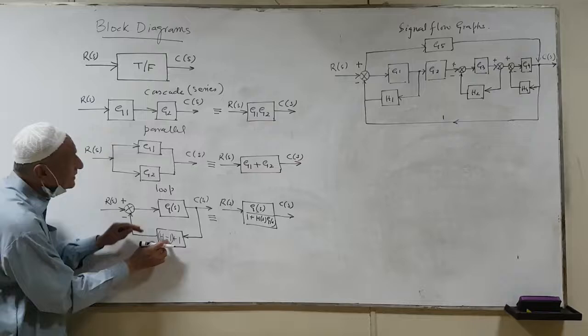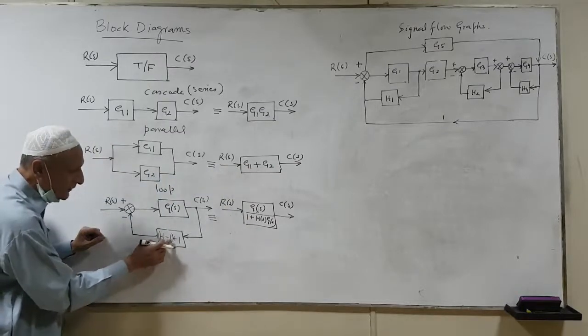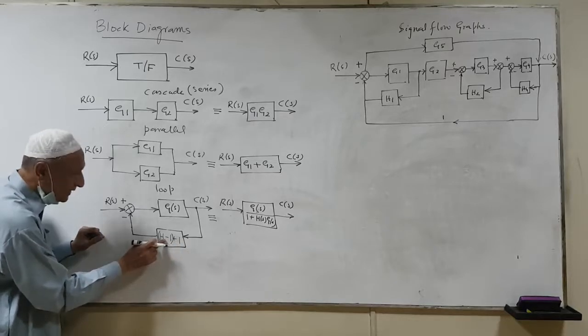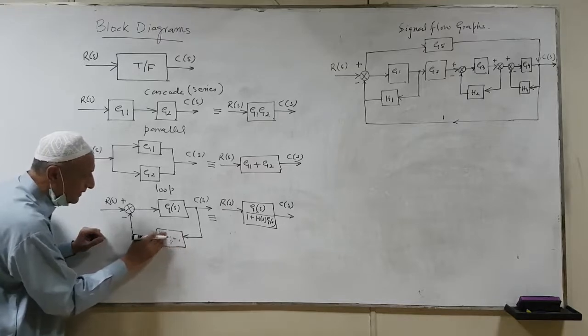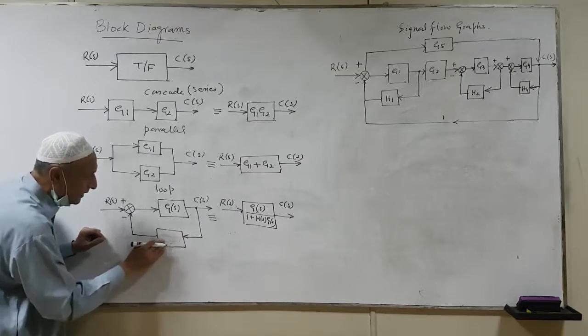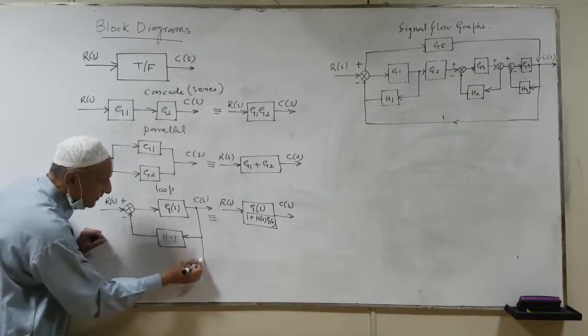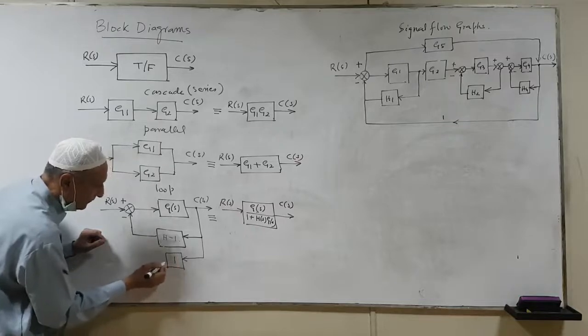Now, it looks like they are supposed to be in parallel. This particular configuration says that this entire block consists of two functions, H minus 1 and 1, and they are in parallel. So what we do is we simply go for this one, H minus 1, and then another block with a 1.